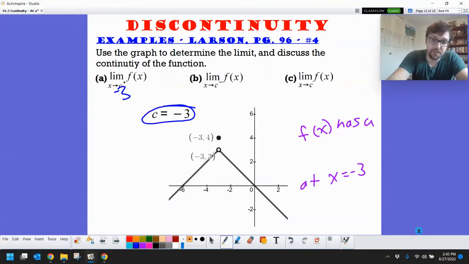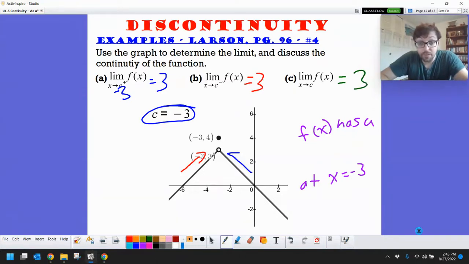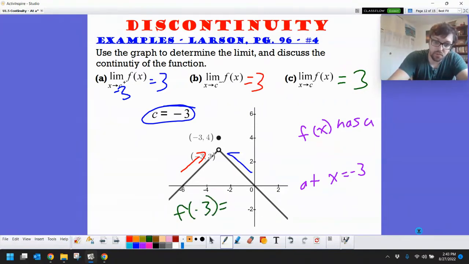In this example, we want to see what's going on as c is heading towards -3. As we come in from the right, we are heading towards 3. Okay. As we come in from the left, as we are approaching -3, we are also heading towards 3. Oh, cool. Those two things are equal. So the limit of this function is 3. However, the value of the function at that point, f of -3, equals 4.